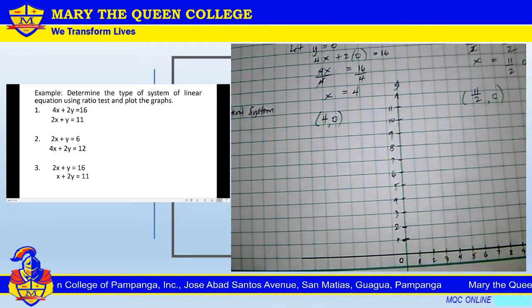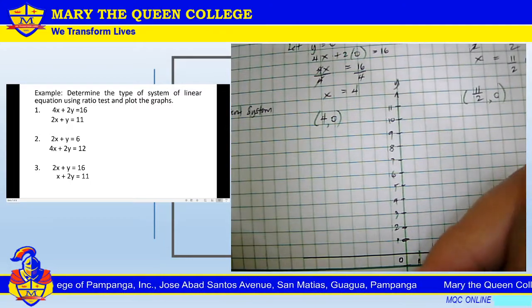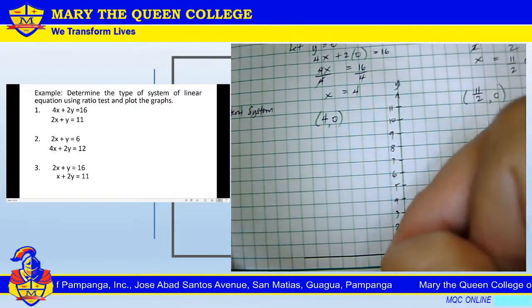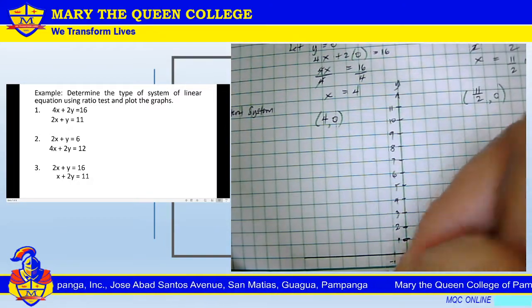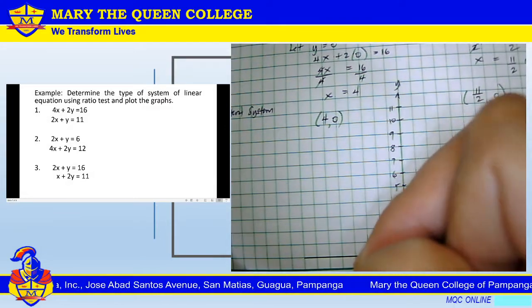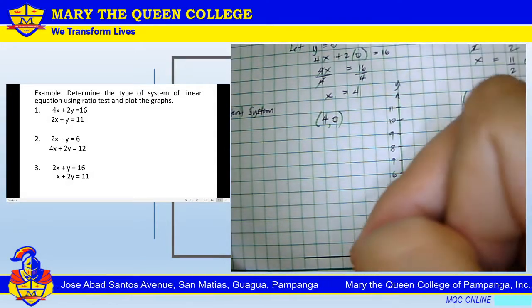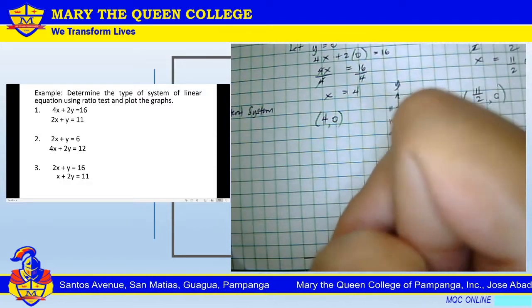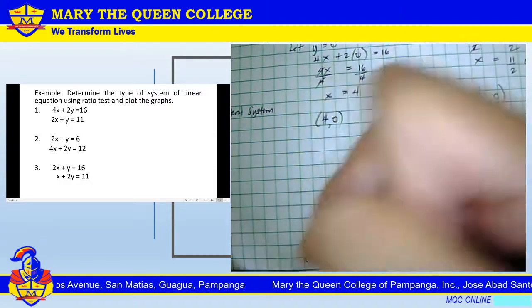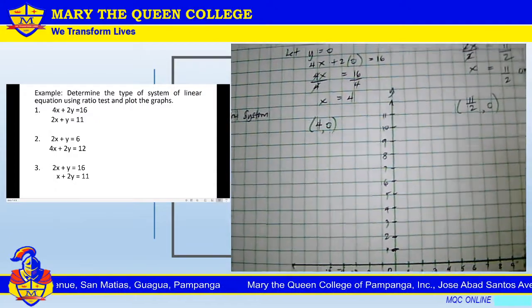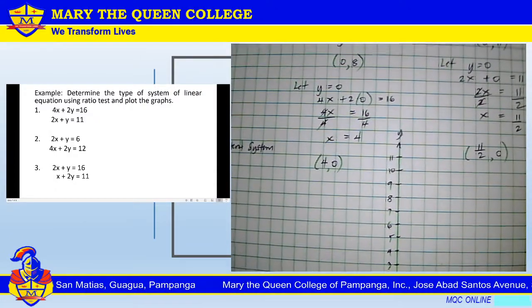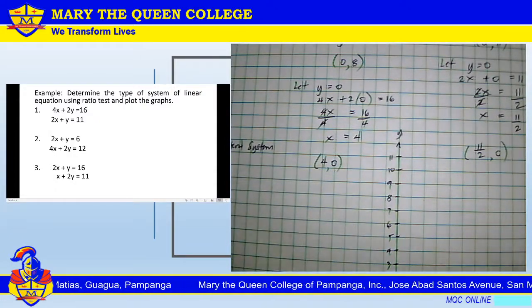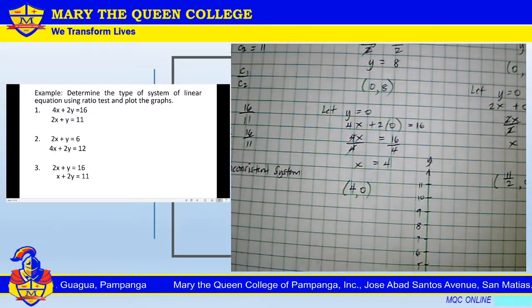So make sure you use the same intervals if you have, based on your graphing paper. Negative 1, negative 2, negative 3, negative 4, negative 5, and so on. Okay? So we will plot the points of our first equation, which were 0, 8, and 4, 0.